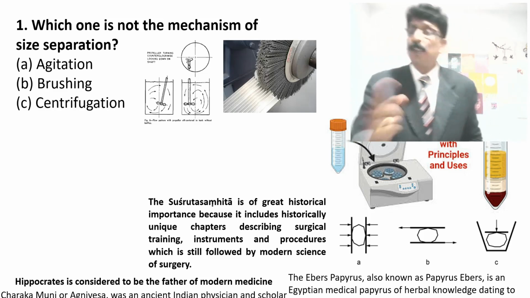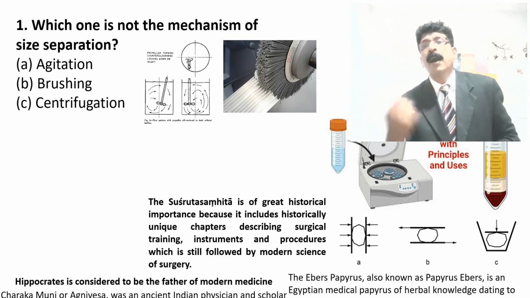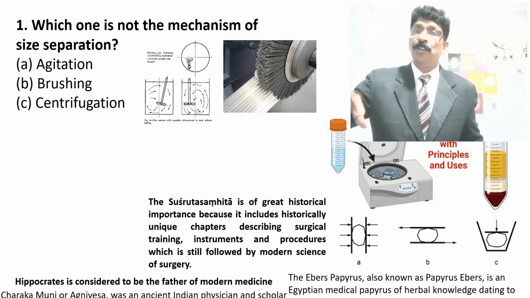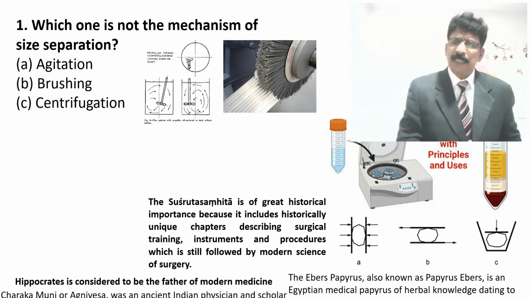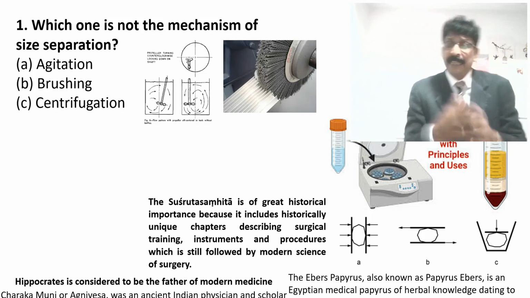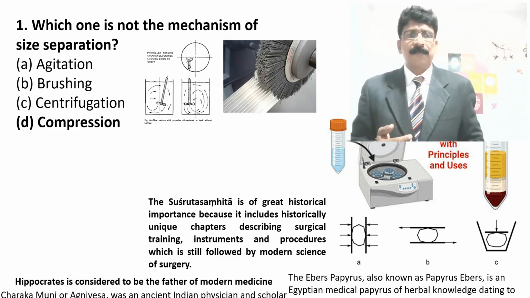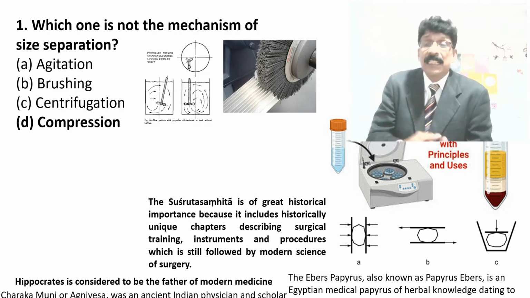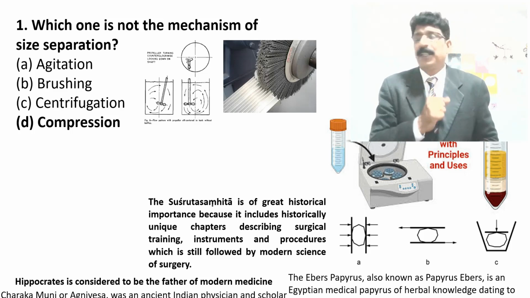Centrifugation you might have studied: rotating at RPM by means of a centrifugal machine, in which you might also have seen the size separation mechanism. Compression, when you talk about compression, is the mechanism of size reduction, not size separation.